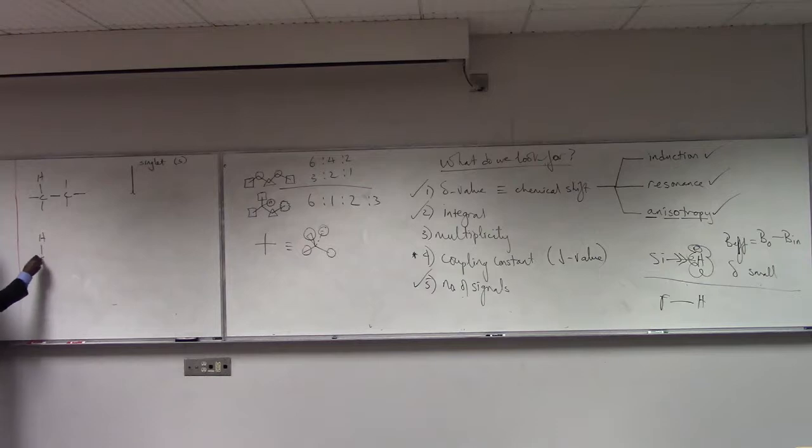If I have a compound where I have an H now attached, let's call this HA, and now there's an HB, in other words, I've got one H on the adjacent carbon, and I'm looking at HA. This is the one under consideration.